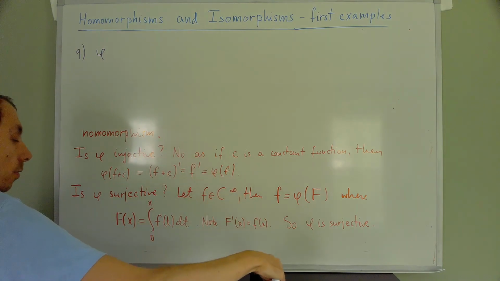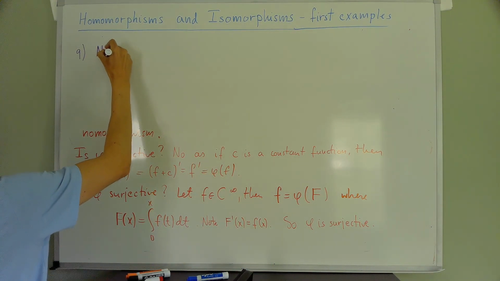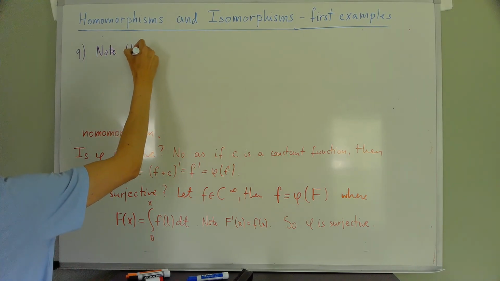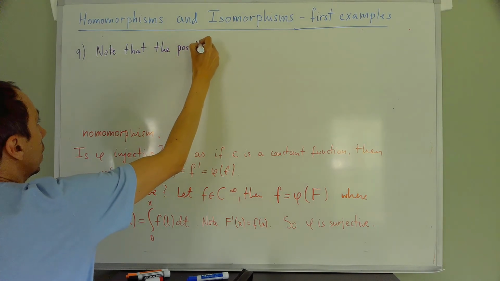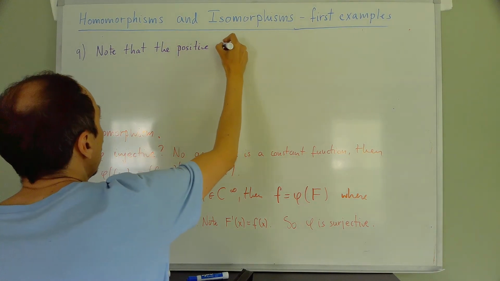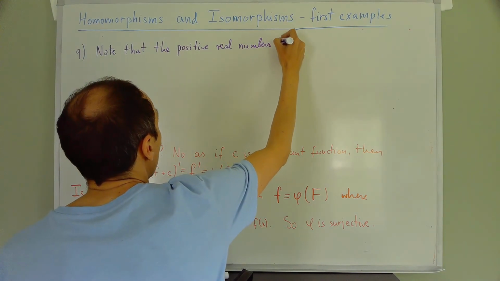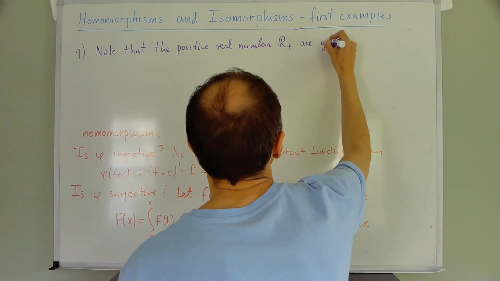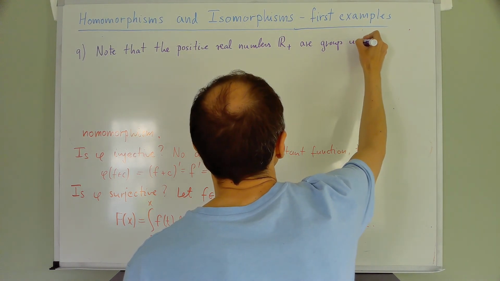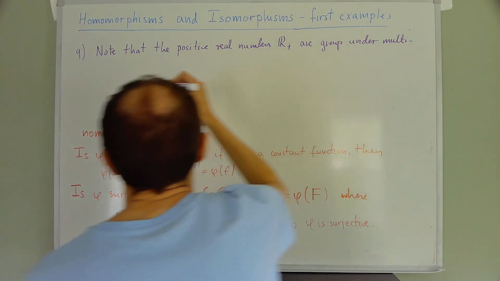First let's make the following note: the positive real numbers R plus are a group under multiplication. Multiplication of real numbers.